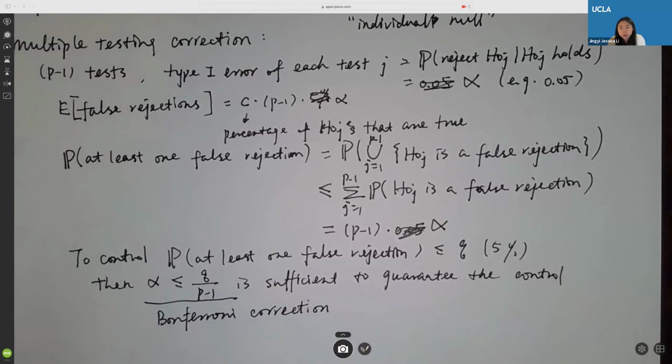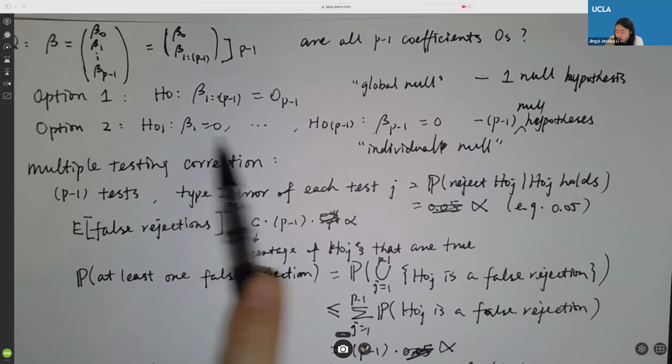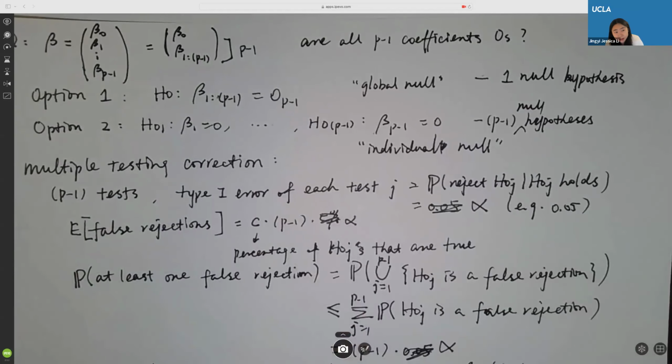And this has no requirement on how these tests are related. Because there's one possibility that our coefficients, because the coefficients are the effects of our predictors, there's a possibility that our predictors are correlated or strongly correlated. So you can imagine in the extreme scenario that all the predictors are equal.